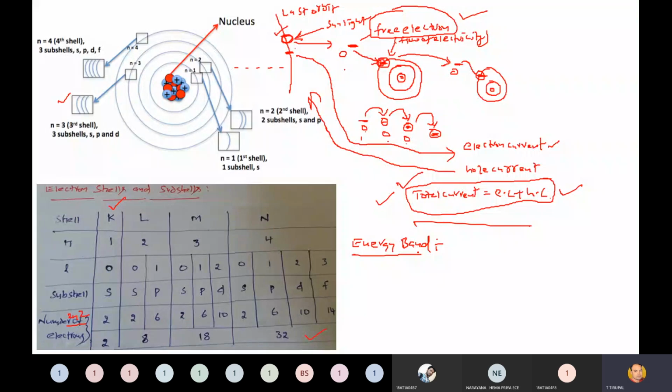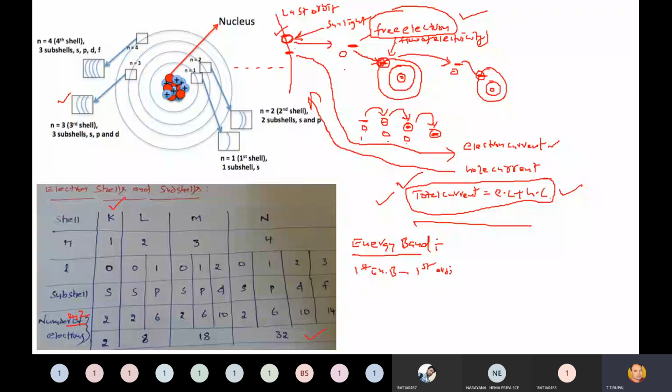Suppose, what is the energy band of the first orbit? Or what is the first energy band? First energy band means first orbit energy. How do you calculate first orbit energy?